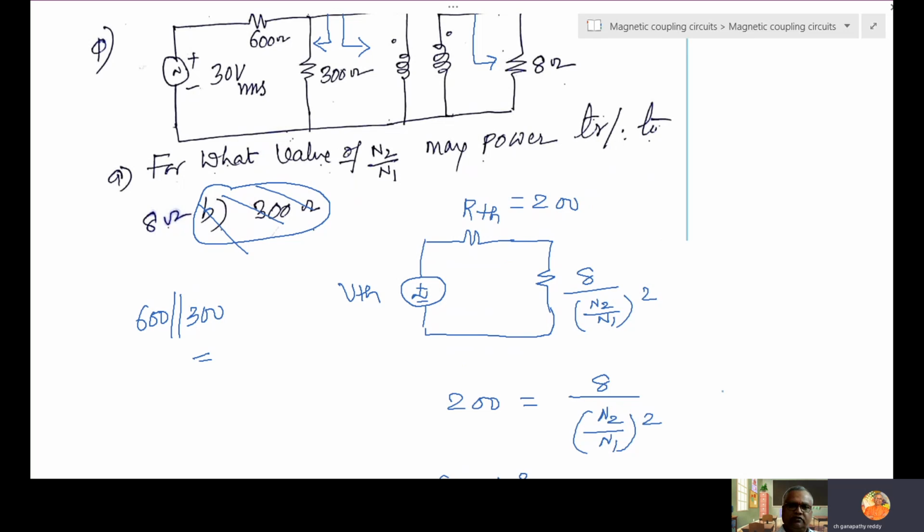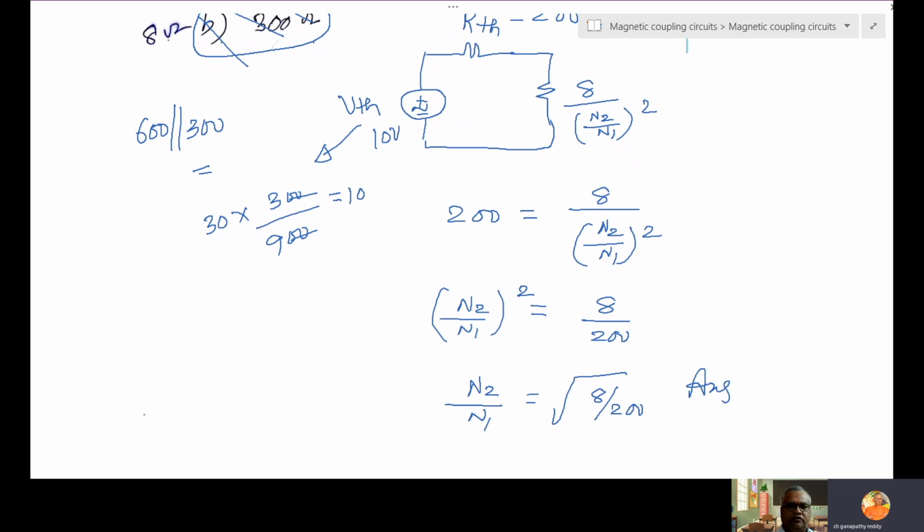If they are asking maximum power also, then you need to find VThevenin. How to find VThevenin? 30 volts dividing between 300 by 900, so how much will you get? 10 volts will come. Then how to find maximum power?